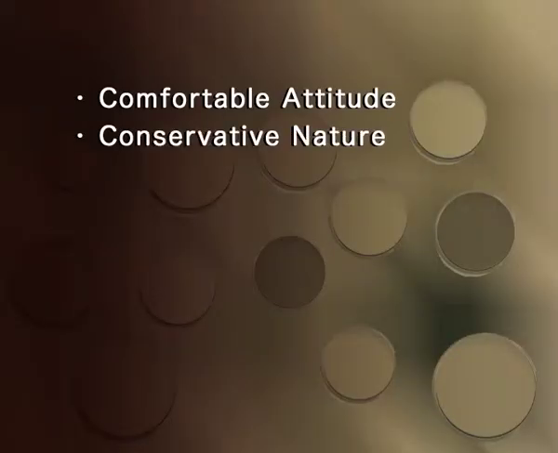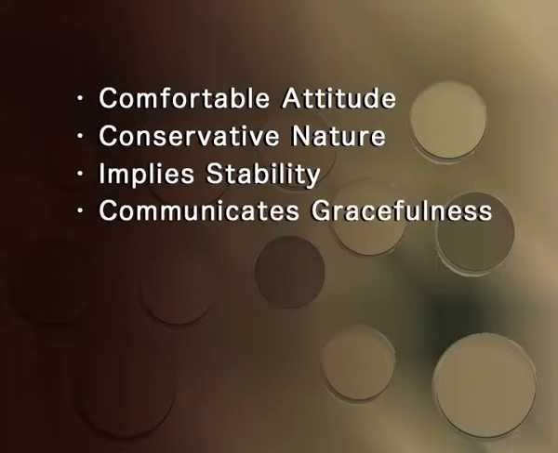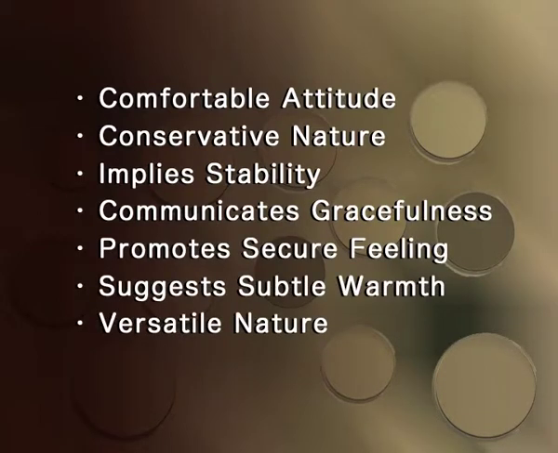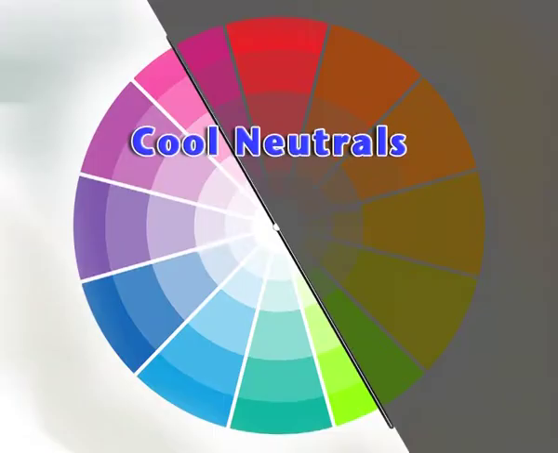It's comfortable in attitude, conservative in nature, implies stability, communicates gracefulness, promotes a secure feeling, suggests subtle warmth and is versatile in nature. Now cool neutrals. In general, this color area is interpreted as cool.